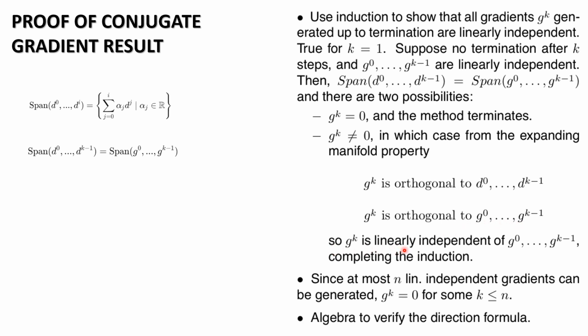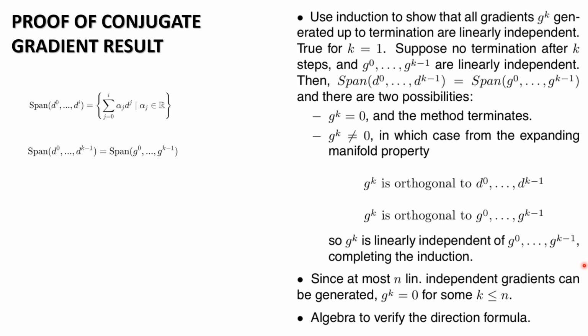So gk is linearly independent of all previous gradients. This completes the induction step, proving that all gradients are independent until termination.